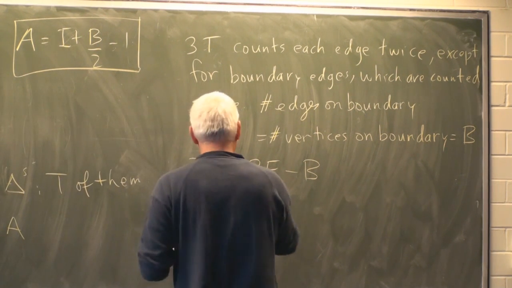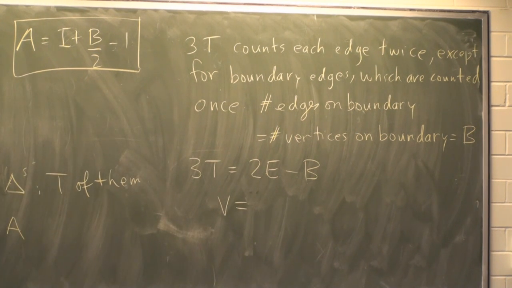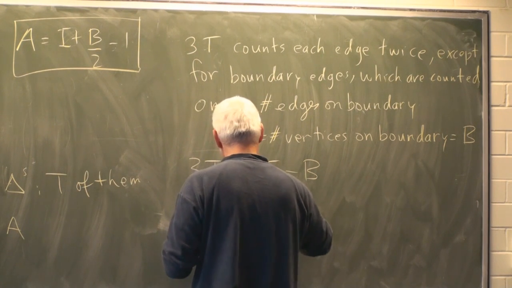The total number of vertices is the number of vertices on the boundary plus the number of vertices in the interior. So that's I plus B.